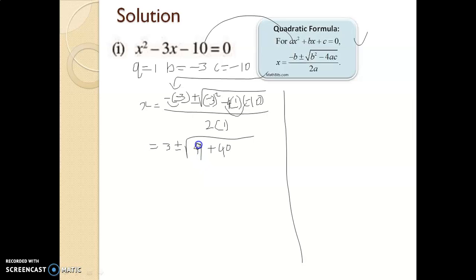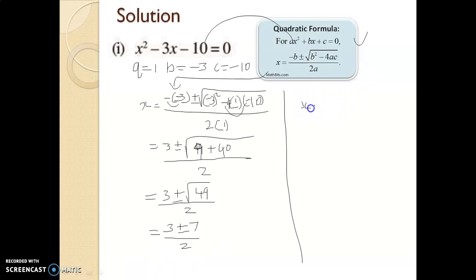So 3 square is 9, and the whole divided by 2. So equal to 3 plus or minus root of 49 divided by 2, right? So equal to 3 plus or minus, the root of 49 is nothing but 7, divided by 2. Now split the positive root and negative root, okay?